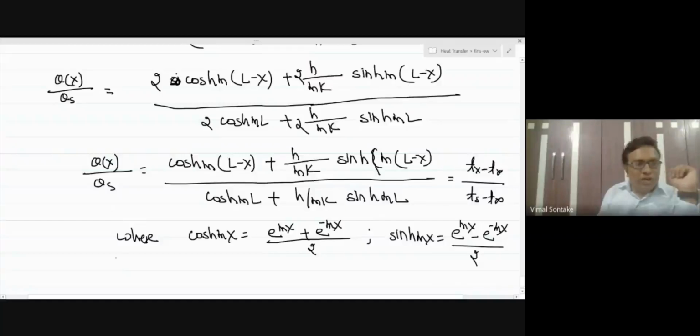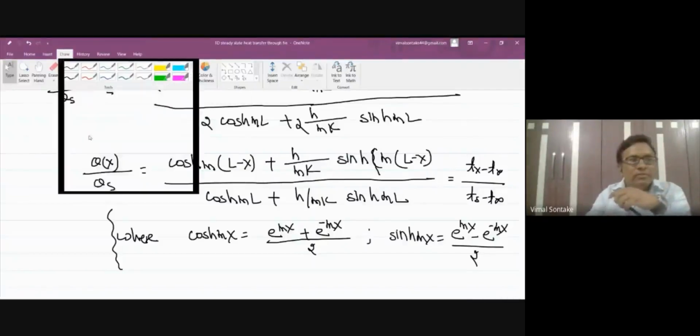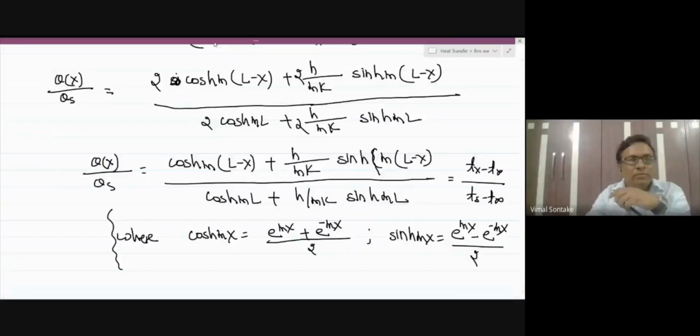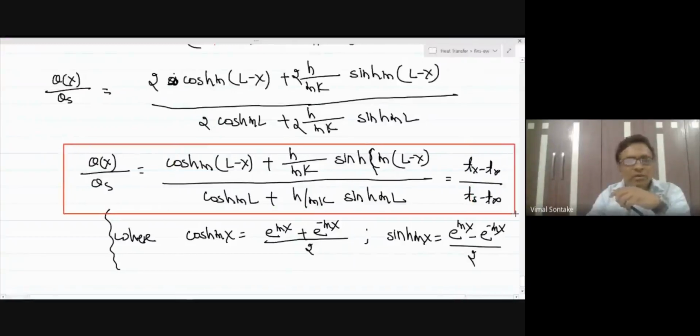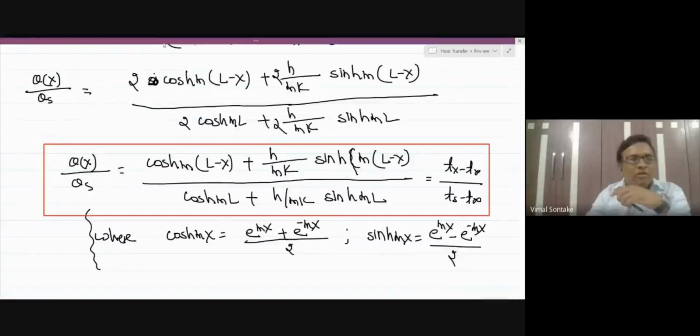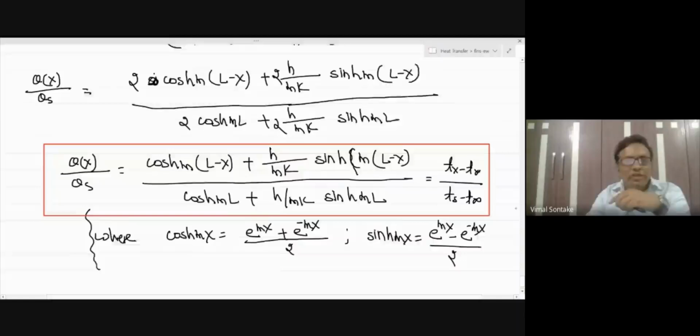So these are the formulas we have used to convert the e to power mx terms into hyperbolic functions. So this equation is nothing but the temperature distribution equation for a fin of finite length and losing heat at the tip. A big derivation actually.